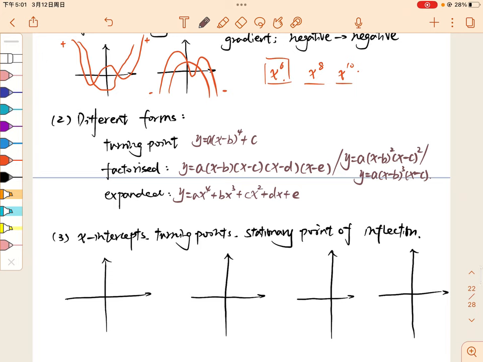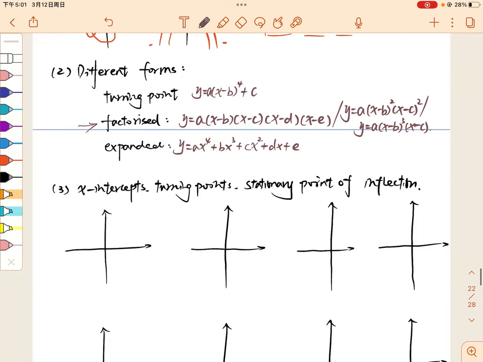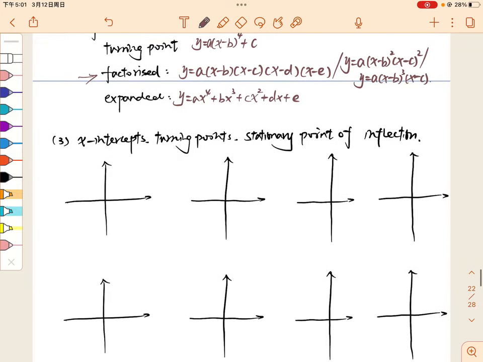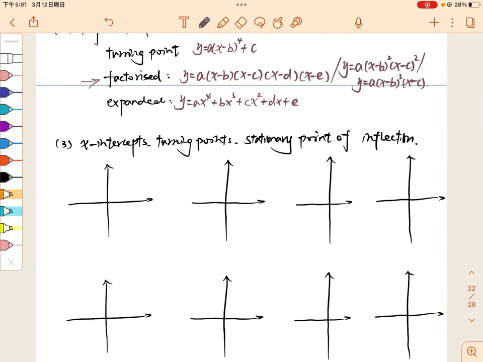And accordingly, by just looking at the factorized form, you will realize there are different numbers of x-intercepts. For a quartic function, it is possible that we have no x-axis intercept, because you could have a function like y equals a times x to the power of 4 plus 3.